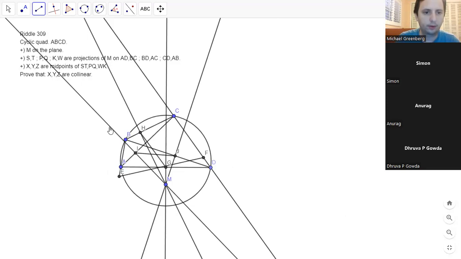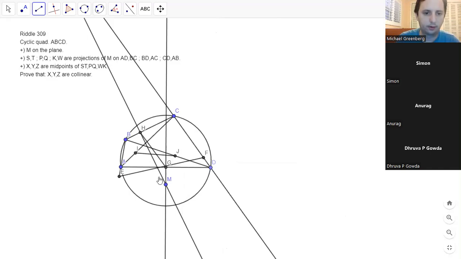I really didn't need to intersect a lot of these, so I drew more than I needed.